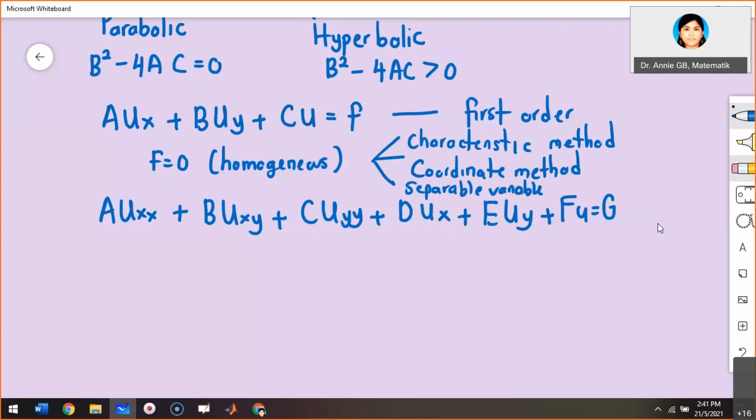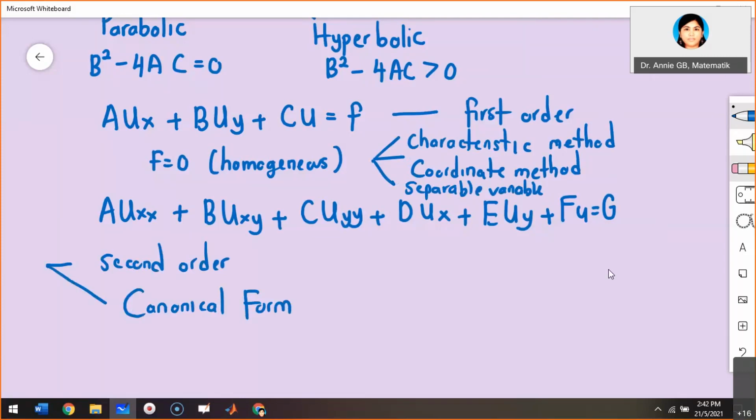For second order PDE, this is my second order. Okay, for second order, you can solve using, of course, you dah study pasal canonical form untuk parabolic, hyperbolic, elliptic. Kita dah cover kan?